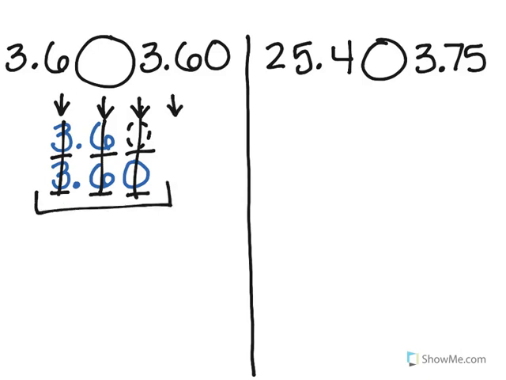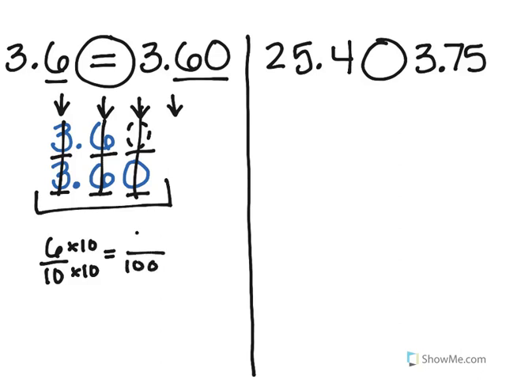So if all the parts ended up being the same, that means they're equal to each other. They're the same thing. Even though this just says 6 and this says 60, they're still the same thing, because if I multiplied 6 tenths by the same number, I would end up with that fraction.